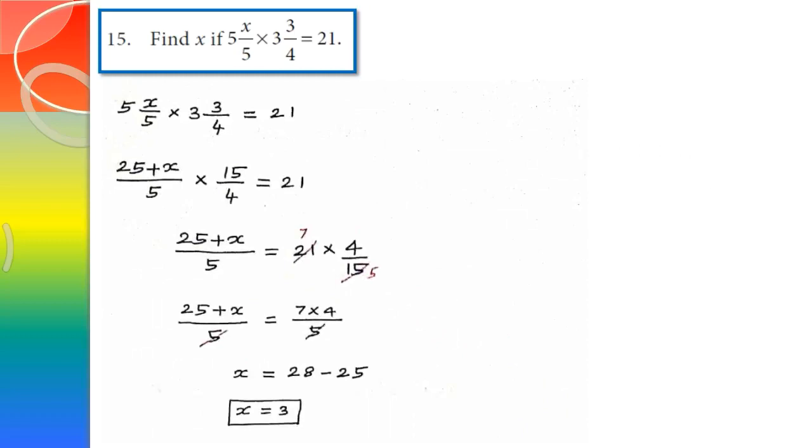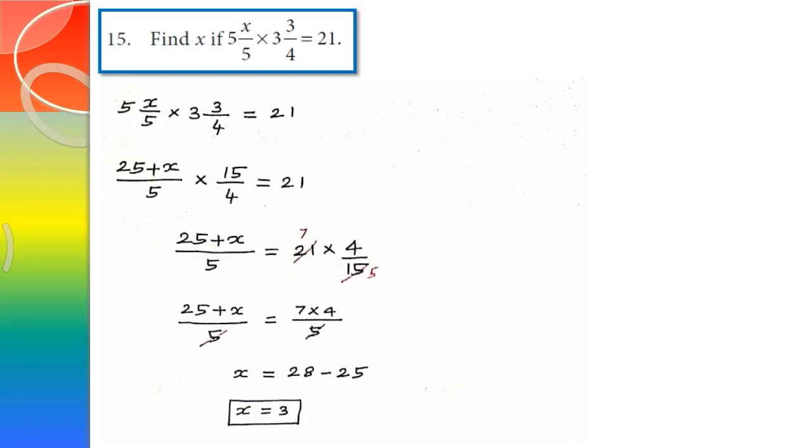Mixed fraction converted to improper: 5 5s are 25 plus numerator value x, so (25 plus x) by 5 into 15 by 4 equals 21. (25 plus x) by 5 equals 21 into 15 by 4, written as 4 by 15 on the other side, that is reciprocal.